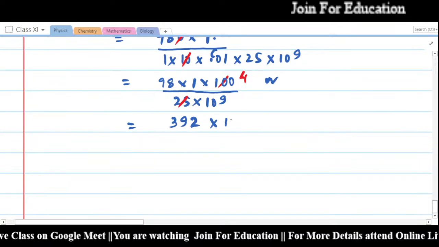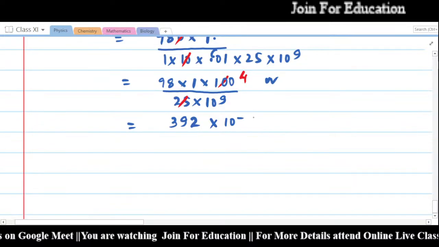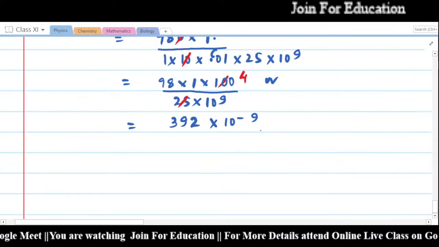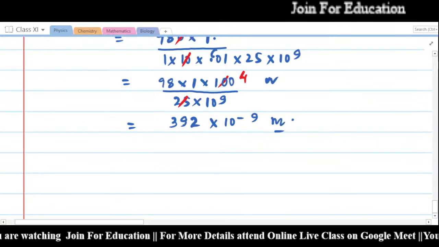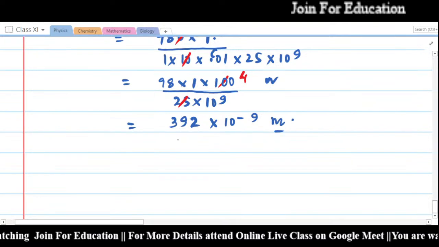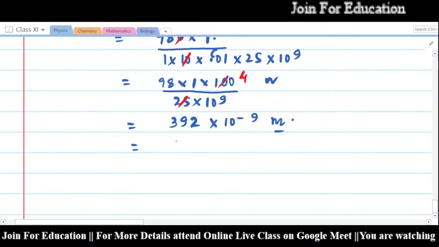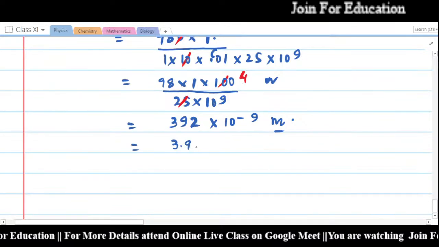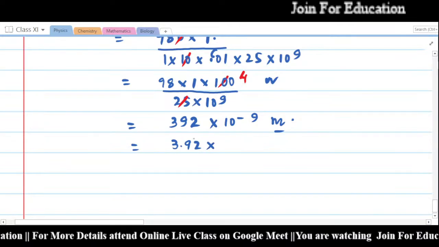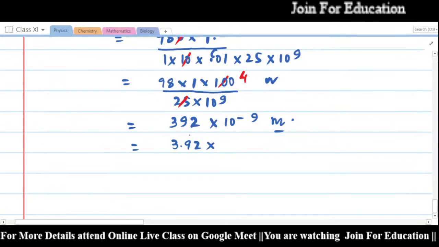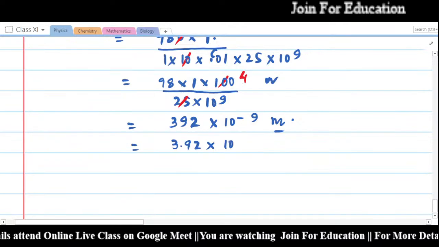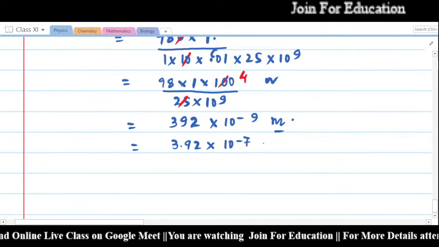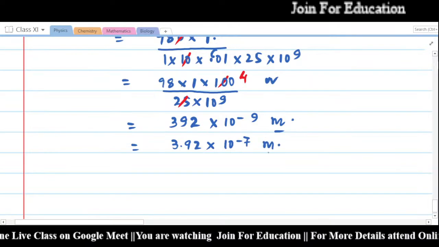Into we write down here 10 to the power minus 9, and this one will be in meter. So we write this one in the standard form: 3.92 into, we divided by 100 and multiplied by 100, so here will be 10 to the power minus 7 meter.